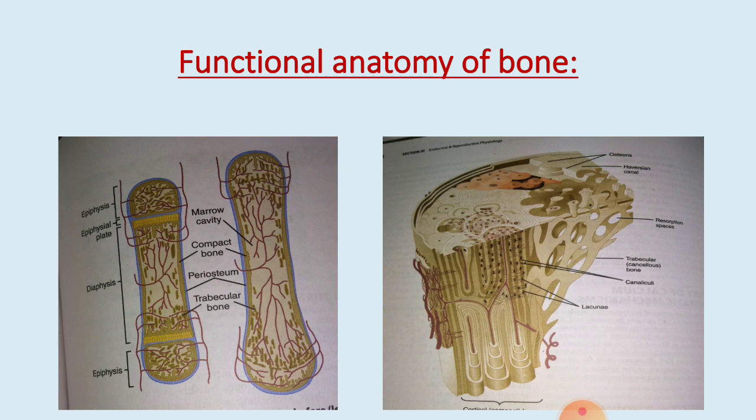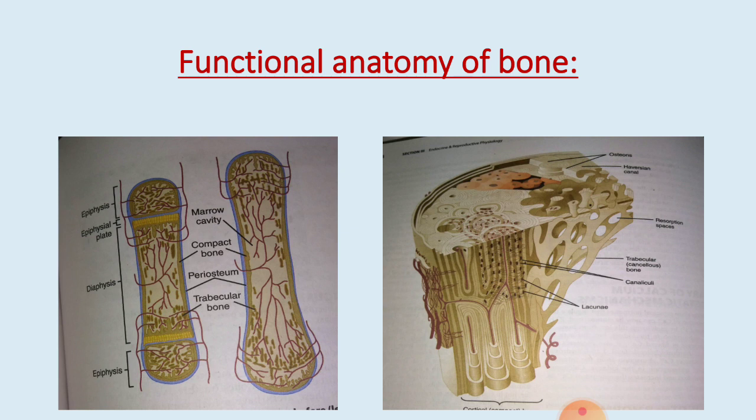Now, in the compact bone, there is the Haversian system, which is made up of a Haversian canal at the center, which is surrounded by concentric layers of collagen and ground substances like proteoglycans, which is basically made up of chondroitin sulfate, hyaluronic acid, etc.